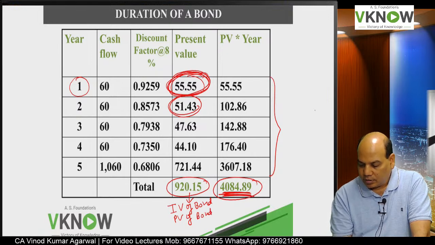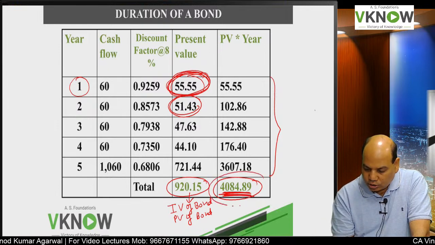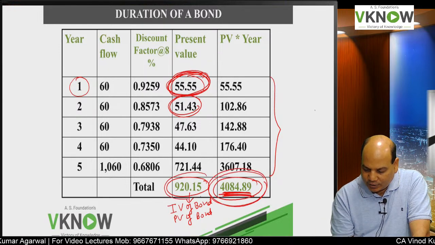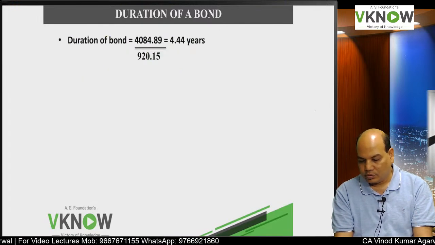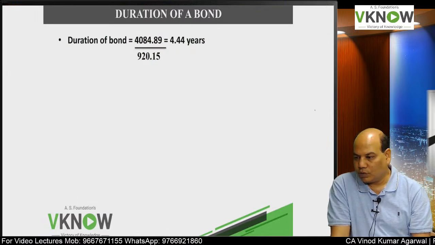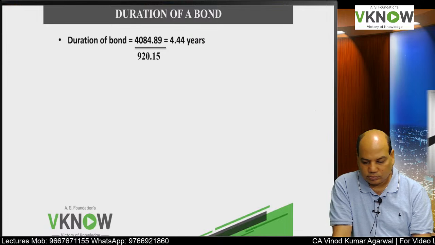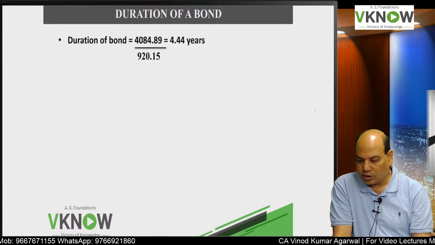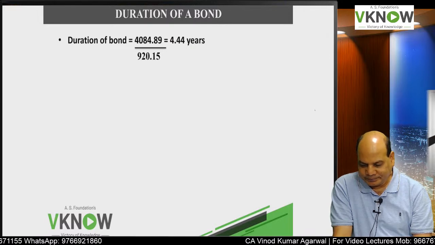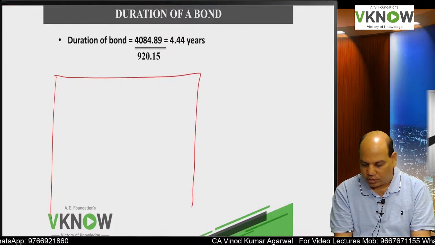Okay, and now we'll calculate the duration. Duration is the total of this column divided by this column, and your answer will be less than 5. So write down below, duration of bond is equal to 4084.89 divided by 920.15, that is 4.44 years.